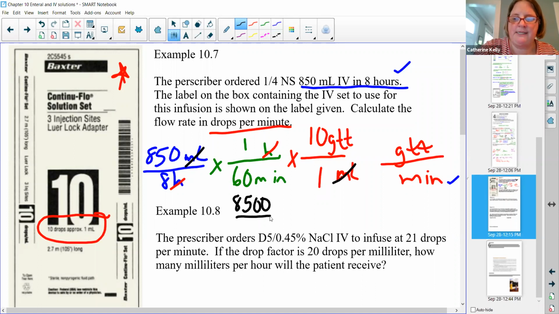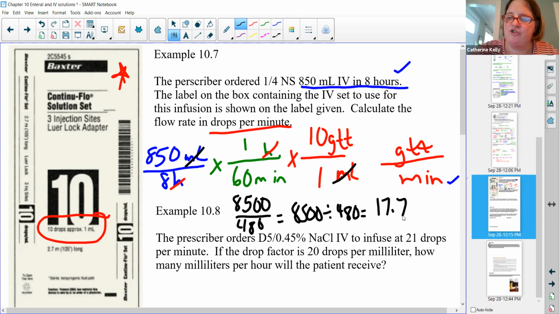And then 8 times 60 is 480. So if I go 8,500 divided by 480, I get 17.7. But since it's in drops, I cannot put drops as a tenth. I have to make it into whole units because you can't put 7/10 of a drop somewhere, right?